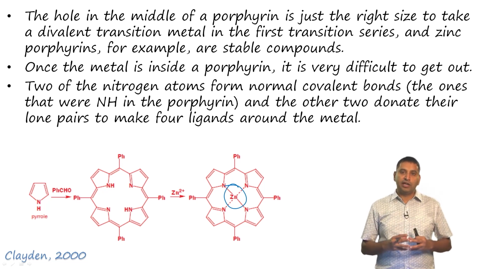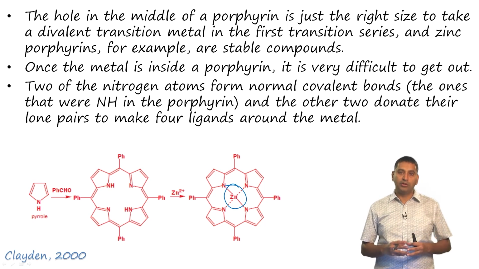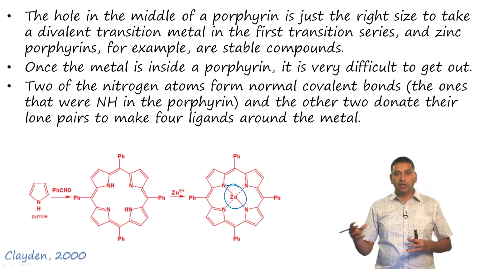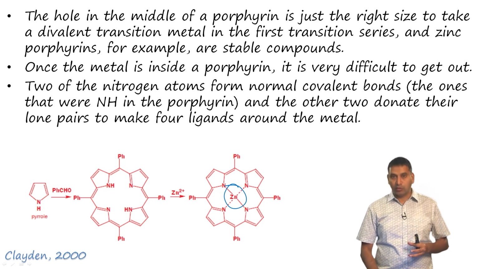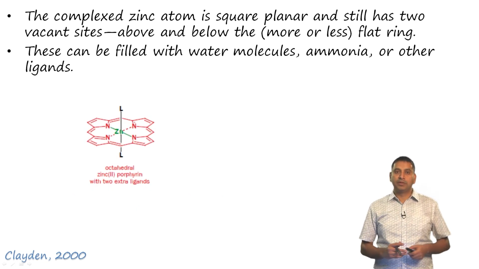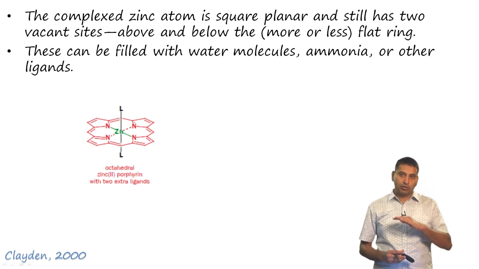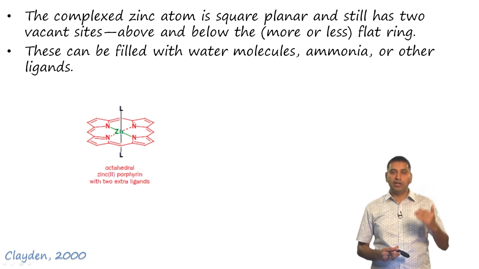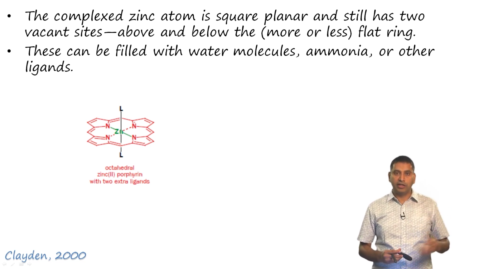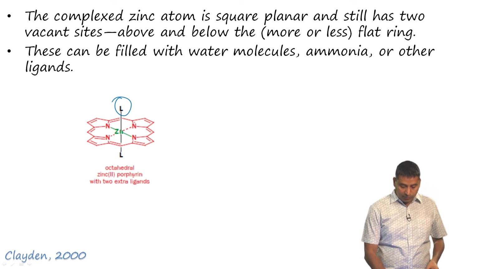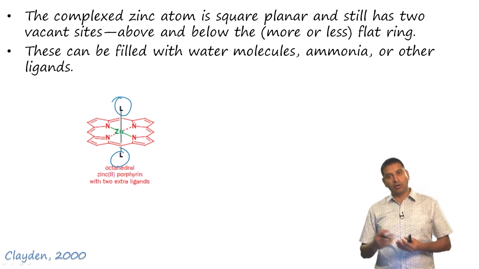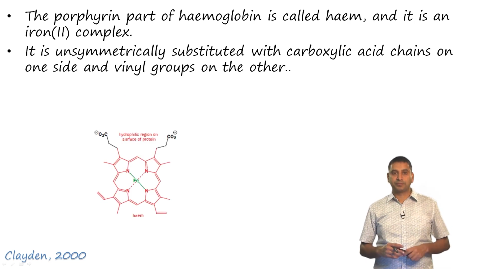So, two of the nitrogen atoms form normal covalent bonds, and the other two donate their lone pairs to make 4 ligands around the metal. The complexed zinc atom is square planar and still has 2 vacant sites above and below, which can coordinate with certain ligands. And these ligands can be either ammonia or water or other ligands.